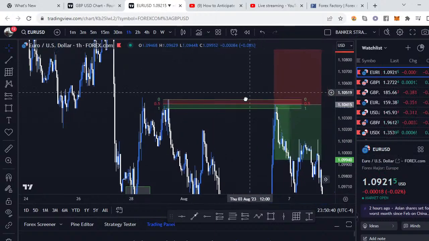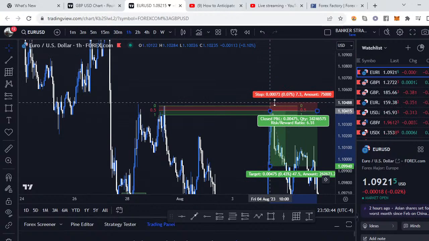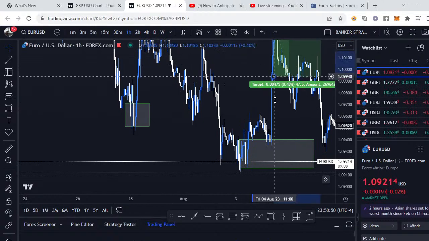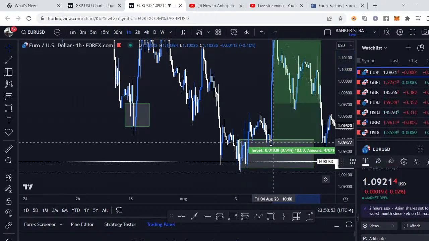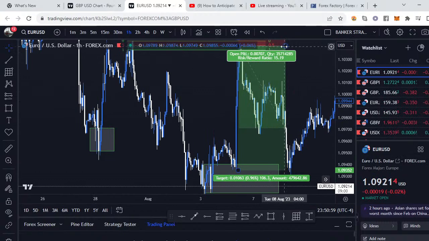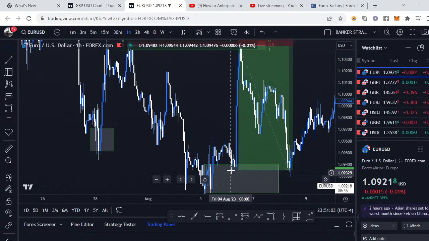Right there. Once you learn stuff like this, you'll be able to do this. And then ride it to the next low, which was here. Wow. Look at that. Cleared it.